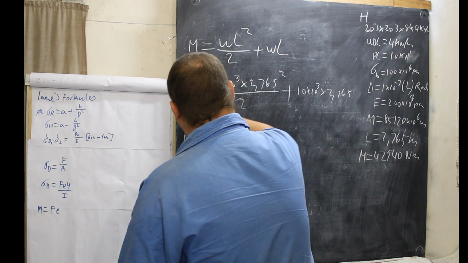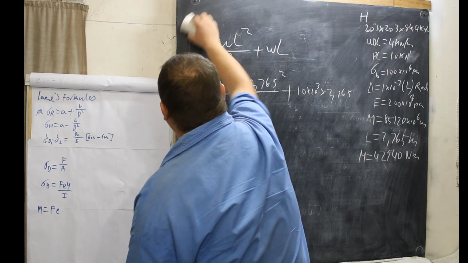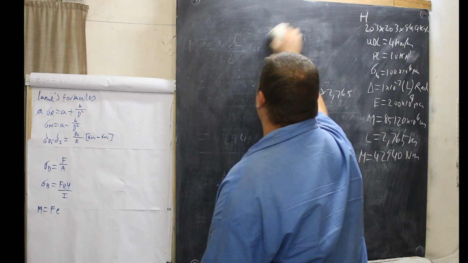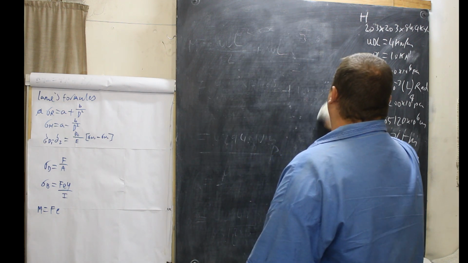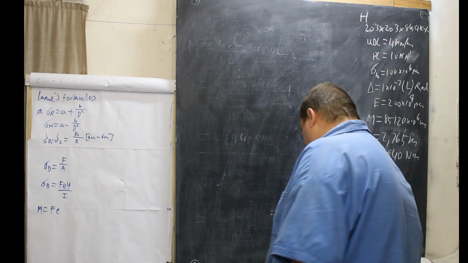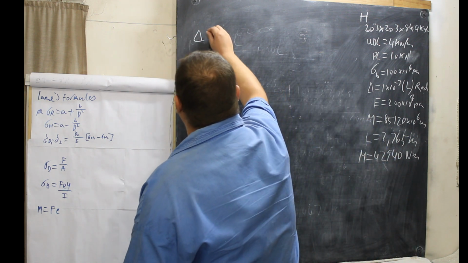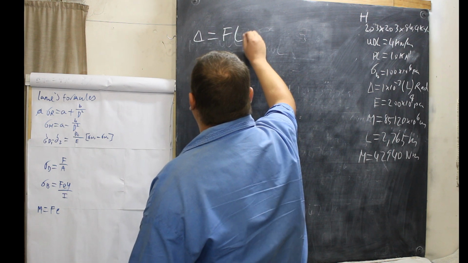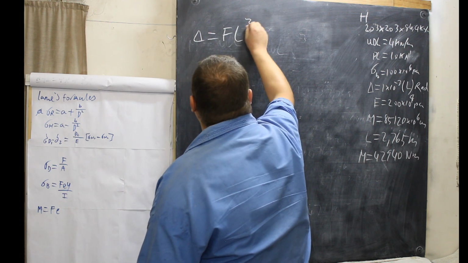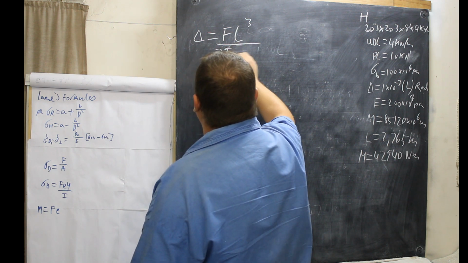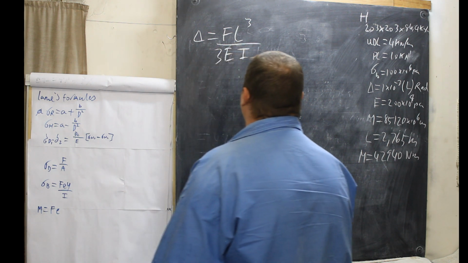In our previous answer, we got, now they want the force of a prop to require no deflection. So it is deflection equals FL cubed over 3 EI.